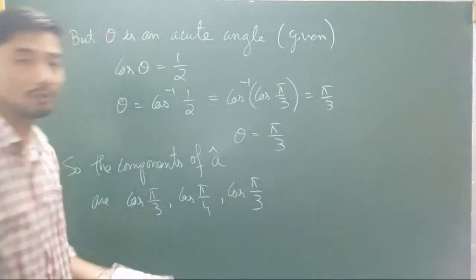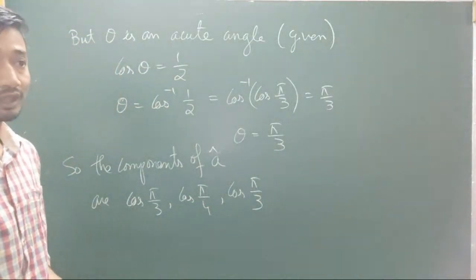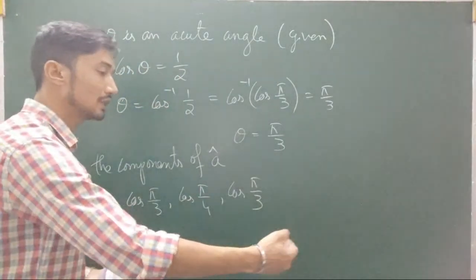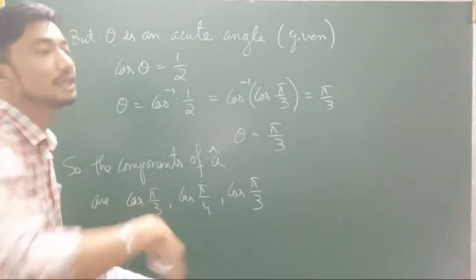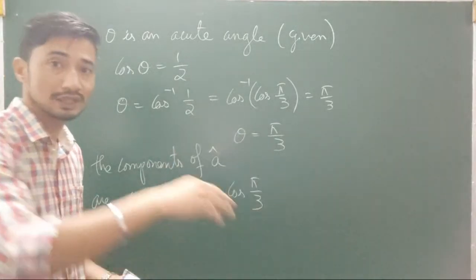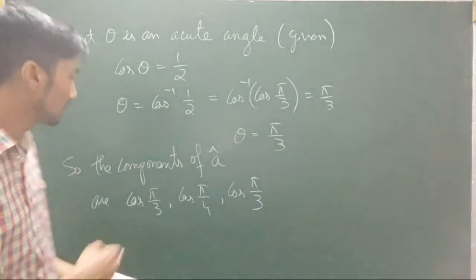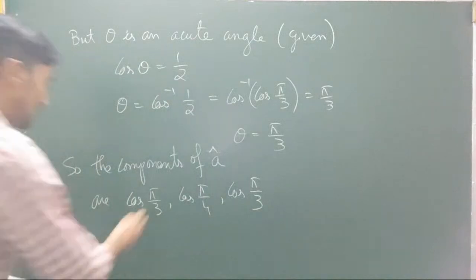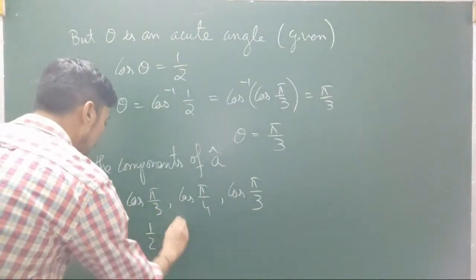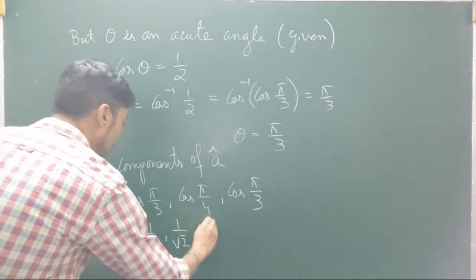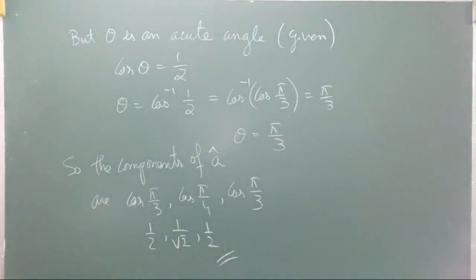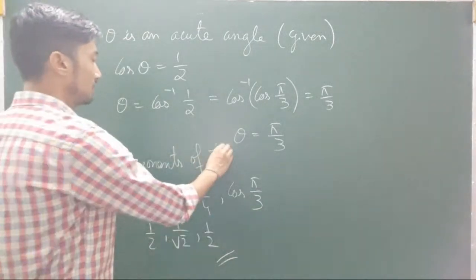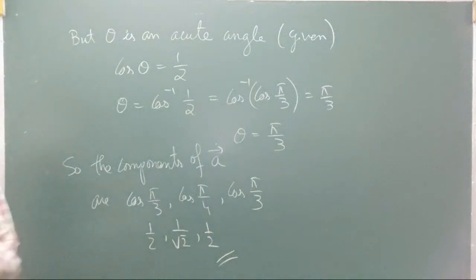Yesterday you remember how we calculated the direction cosines directly from a given vector: convert it to a unit vector, and the coefficients of I, j and k directly give us the direction cosines. We are just applying that in reverse now. So cos 60 is 1 by 2, cos 45 is 1 by root 2, and this one is also 1 by 2. These are the components of vector A.